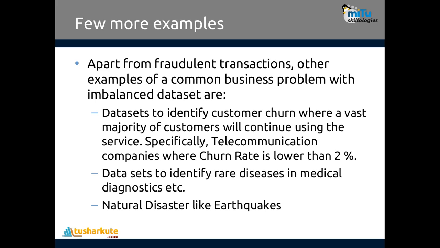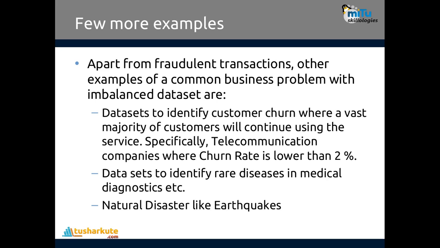Apart from fraudulent transactions, other examples of common business problems with imbalanced data sets are data sets to identify customer churn, where a vast majority of customers will continue using the service, specifically in telecommunication companies where the churn rate is lower than 2% only. Then what to do, how to find the reason behind it?